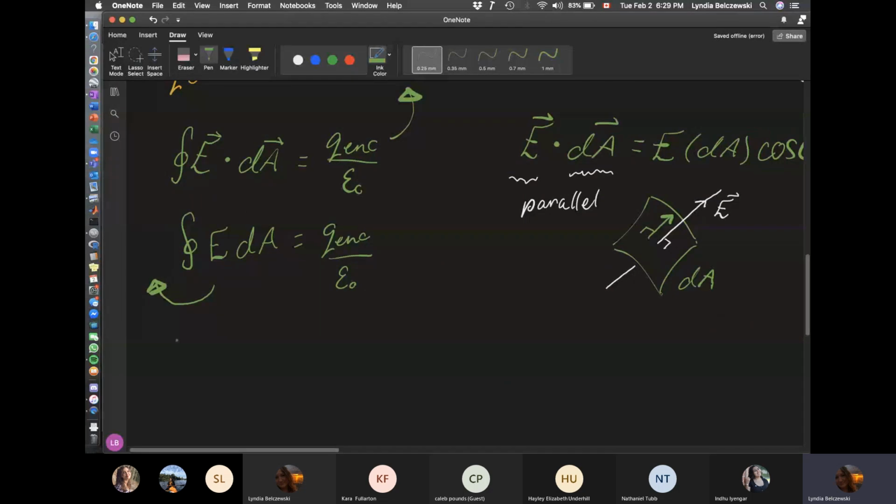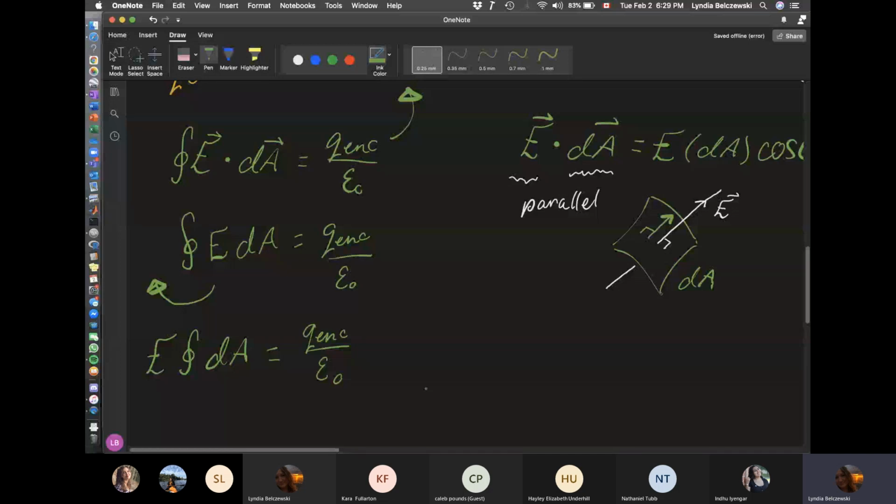And so we're now just left with E times the integral of dA is equal to Q enclosed over epsilon naught. Now we have this integral of dA, and there's nothing inside the integral. There's no function in there.